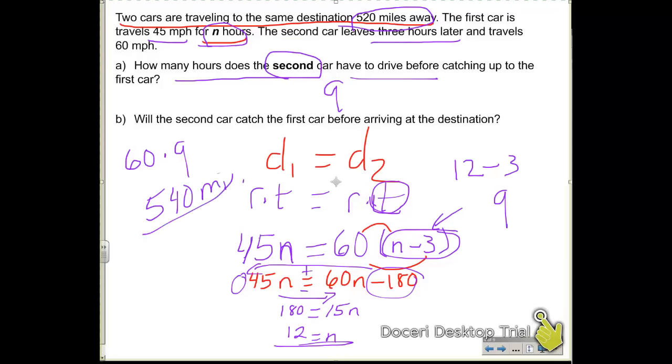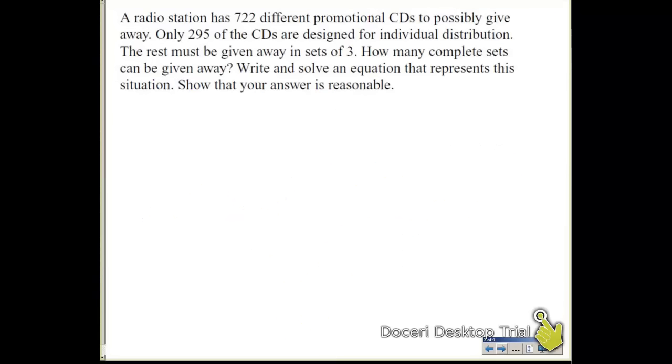So the second car needs 540 miles of distance to catch up, but their destination is only 520 miles away. So the question is, will the second car catch up before arriving at the destination? The answer there is no, because it needs 540 miles of driving, and the distance they're driving is only 520.